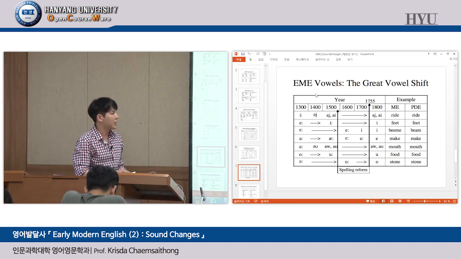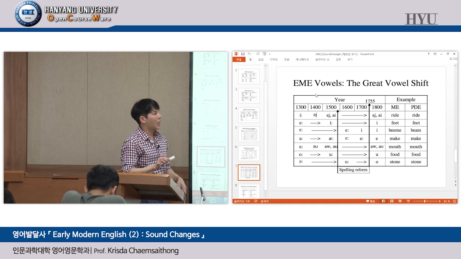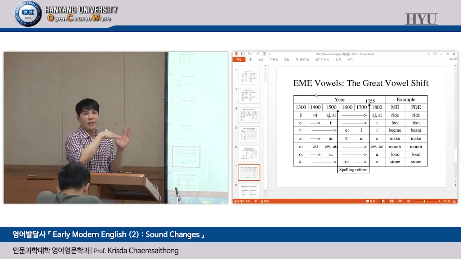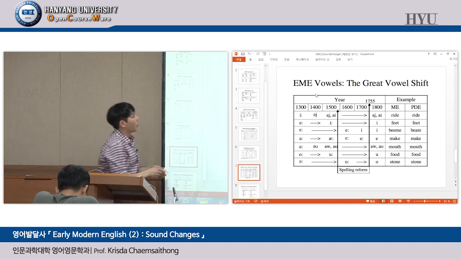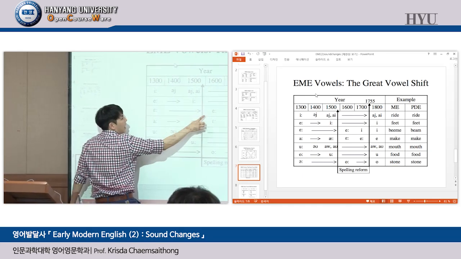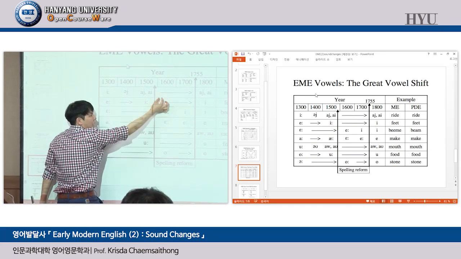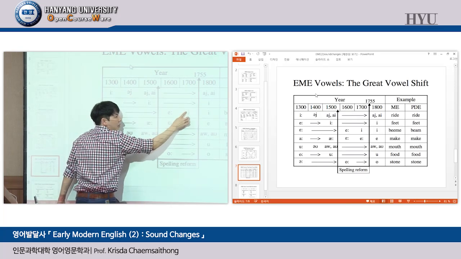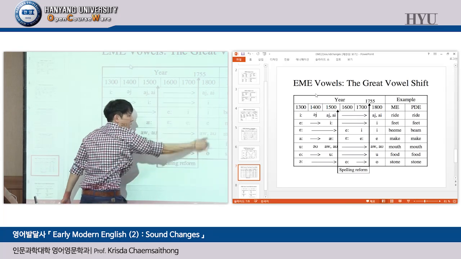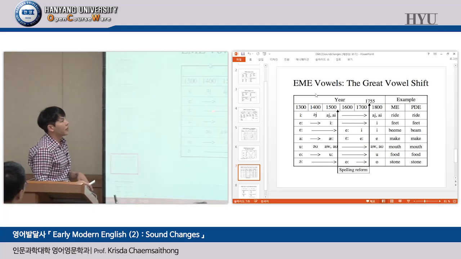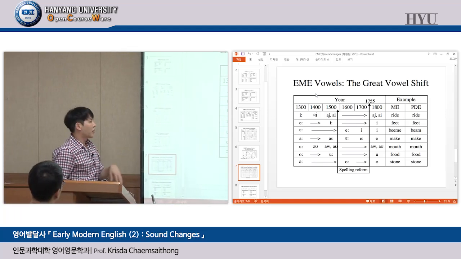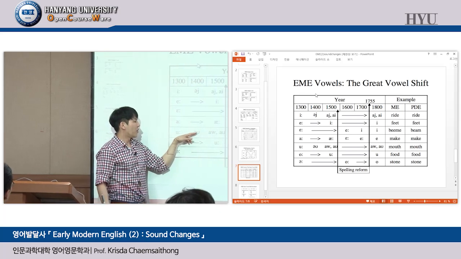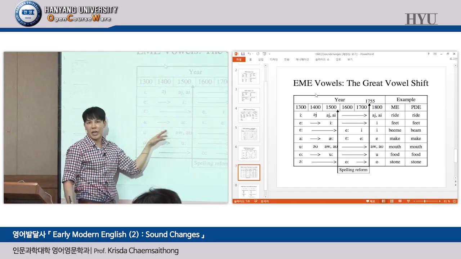But along the way, vowels change at different rates, at different paces. So A here became A midway around 1600 before it became E and then stopped there like that. So other vowels are more straightforward. So U became O first before the schwa became A and so on.